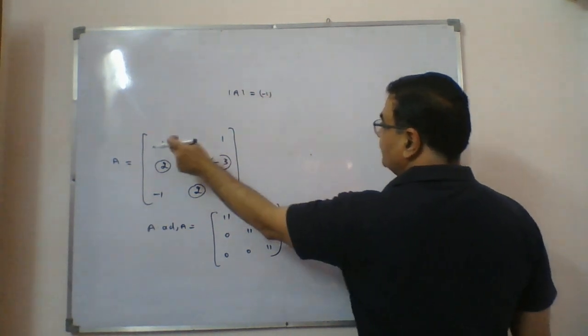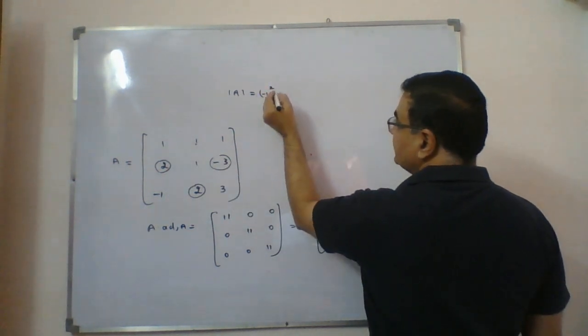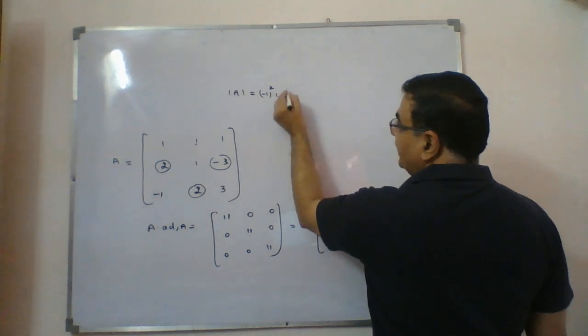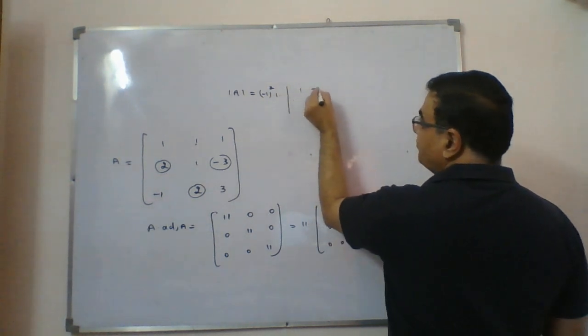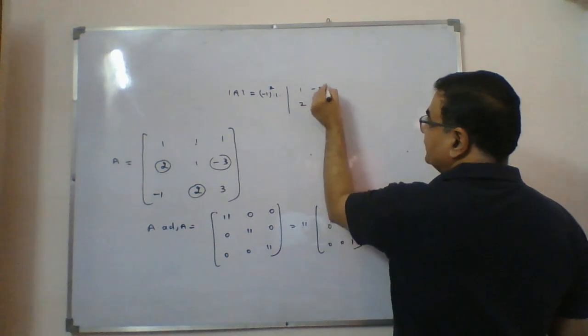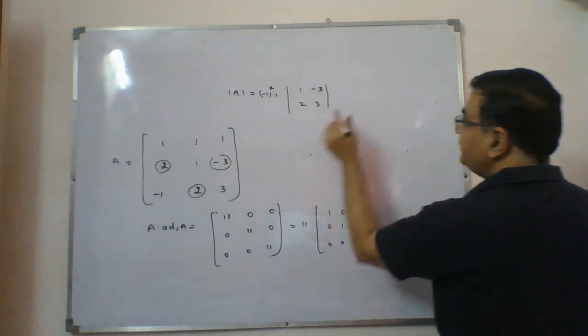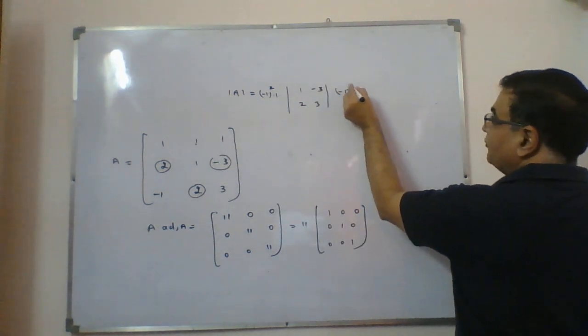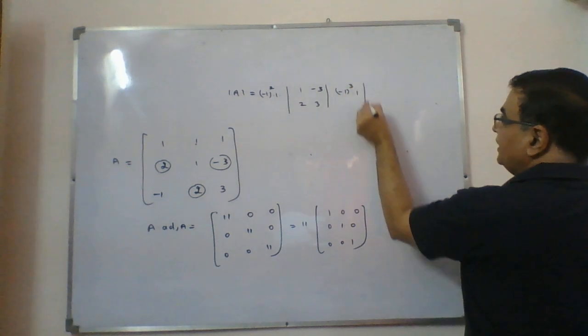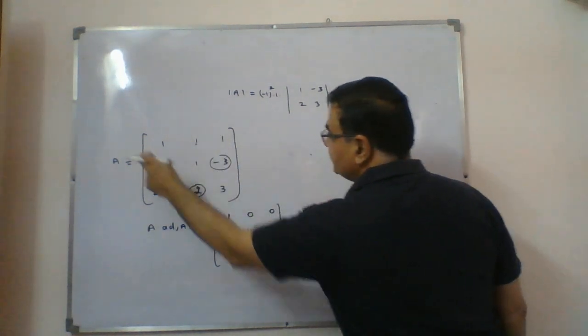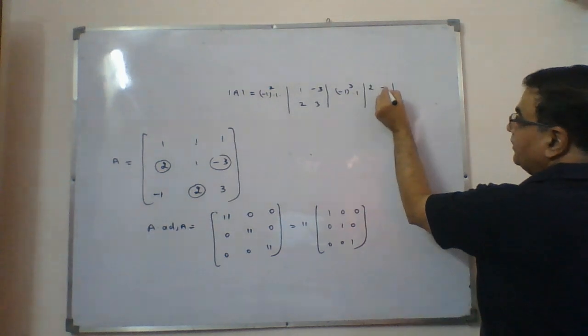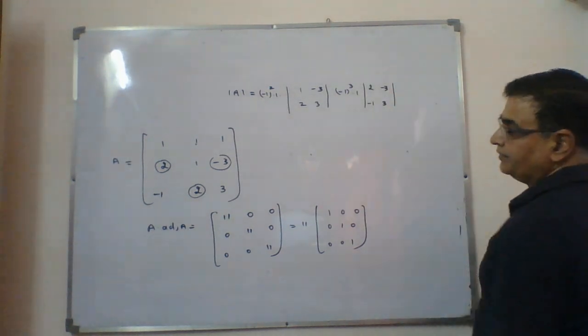Minus 1 power 2, because the element is here, and then the determinant 1 minus 3, 2, 3. Then comes this element, minus 1 power 3, element is 1. Then leave this row and column. Left is 2 minus 3, minus 1 and 3.